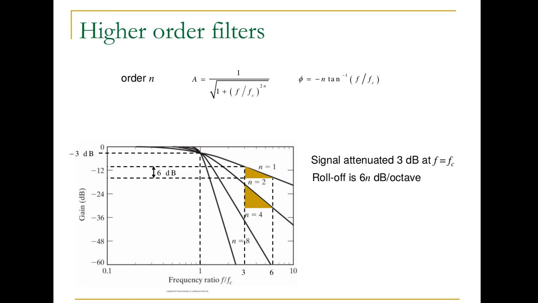For second order, we have 12 dB per octave, and for fourth order, we would have 24 dB per octave. And the phase shift is proportional to n. So here's the phase shift at input frequency, and as we have a higher order system, we're going to get a more pronounced phase shift.